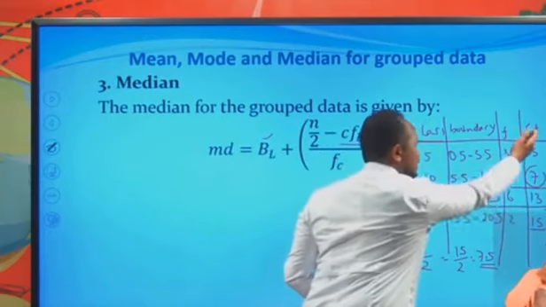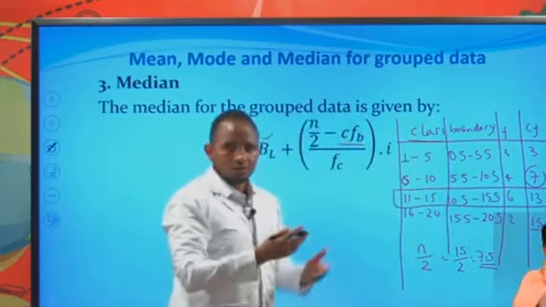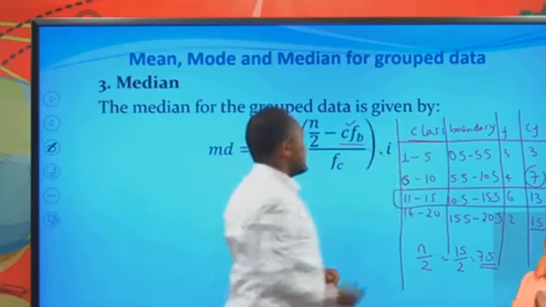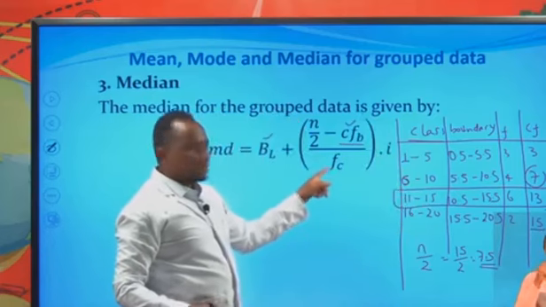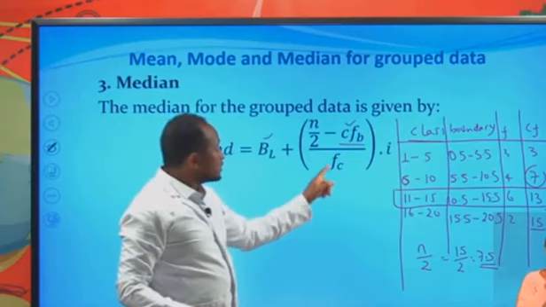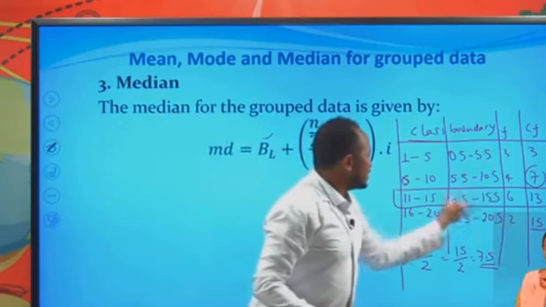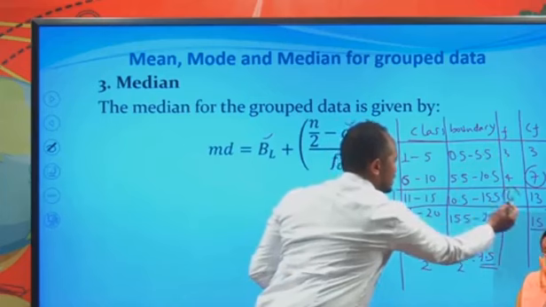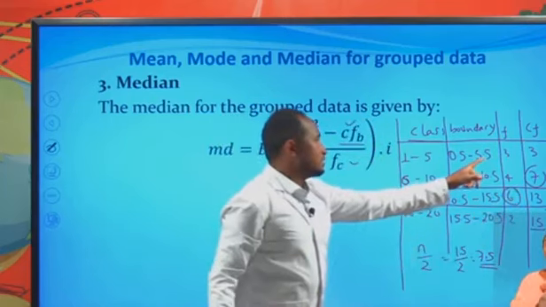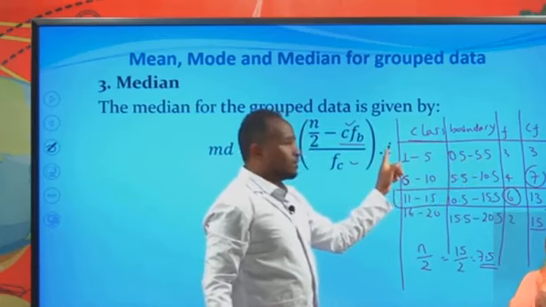It's not the frequency, it's the cumulative frequency: we have 7. We put that number here. And this is the frequency of the median class itself, not the cumulative frequency. The frequency of the median class is this 6. You put this number, and I is simply the difference between the upper and lower class boundary.